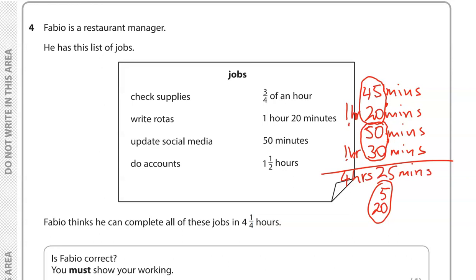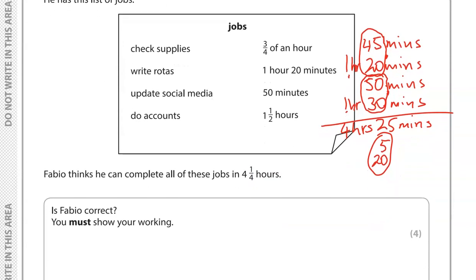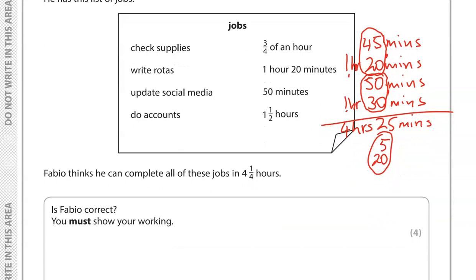So the question was, Fabio thinks he can complete all of these jobs in 4.25 hours. Is Fabio correct? No, because this is more than 4 hours and 15 minutes.